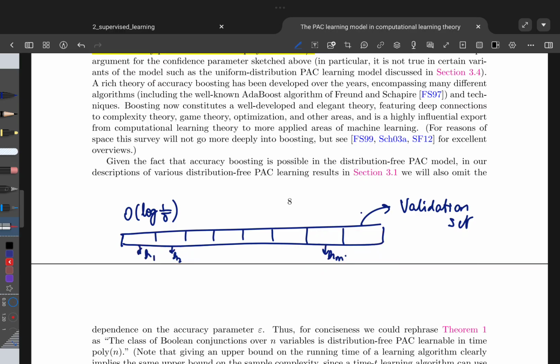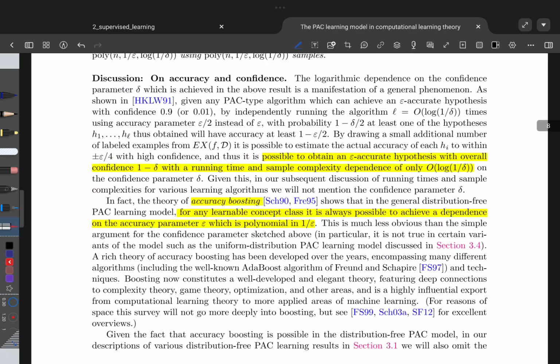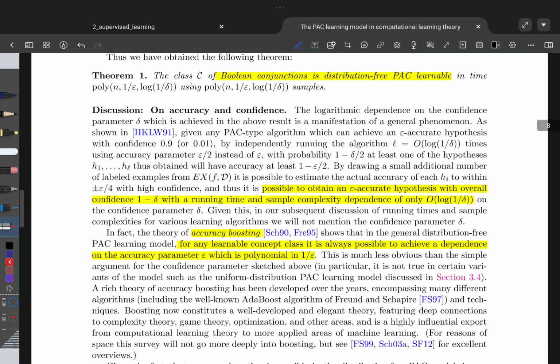So I have a separate validation set. I train these m prime predictors and choose that predictor which gives me the best performance within the validation set. Now that will achieve a probability of error of at most epsilon.